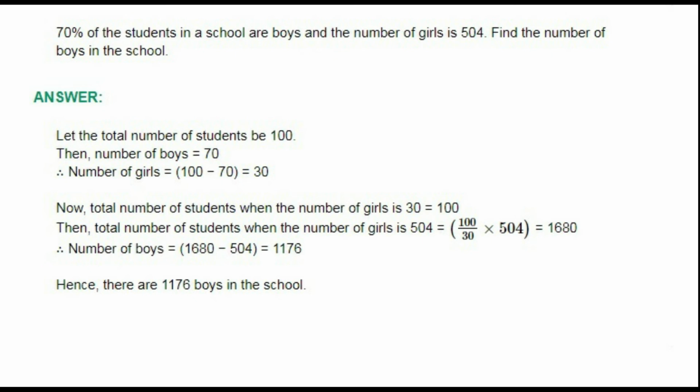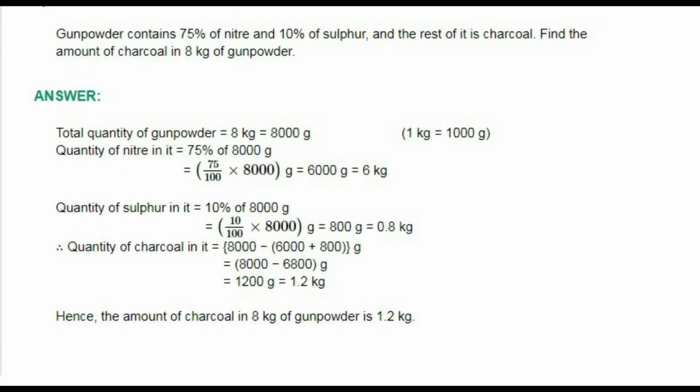Now we have the total number of students as 1680, and if we subtract the number of girls, 504, from 1680, we get the total number of boys in the school as 1176.